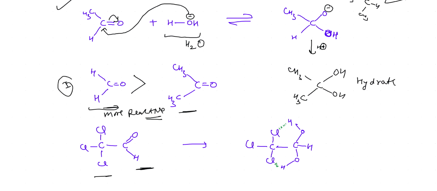Why? Because on completion of the reaction, these chlorine groups are stabilizing the hydrogens of the OH groups. In the first step, what happened when OH negative attacks here? Then again alkoxide is formed.